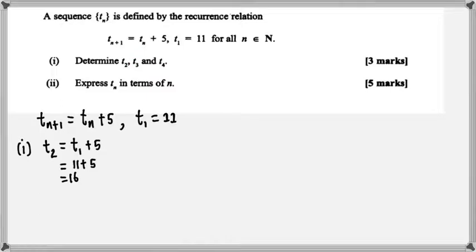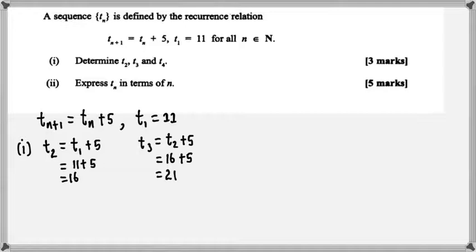T3 can be found when n is equal to 2. So T3 would be equal to T2 plus 5. We know T2 is 16, so let's substitute 16 for T2, and T3 is 16 plus 5, which is 21.